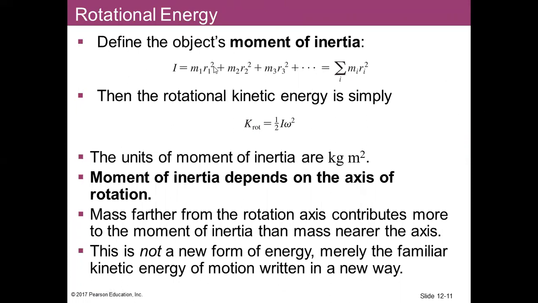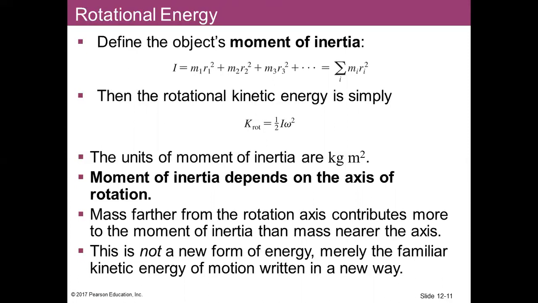If you have an object, whether it is a disc, a cylinder, a rectangular prism or a cube, you can divide it into small pieces. The first piece is going to have mass m1 and distance r1, then the second piece m2 and distance r2.